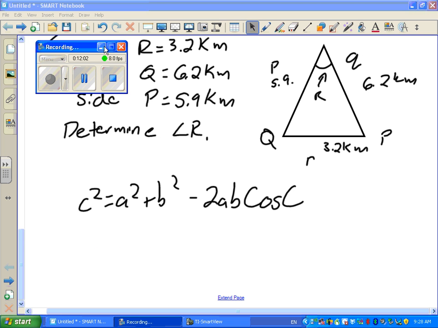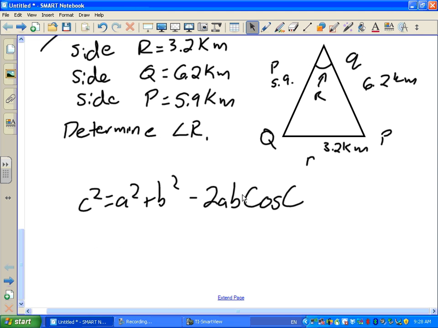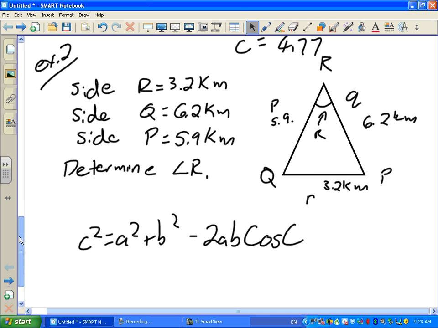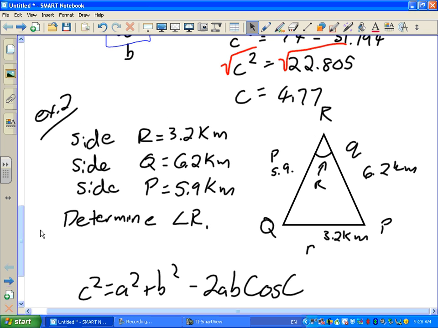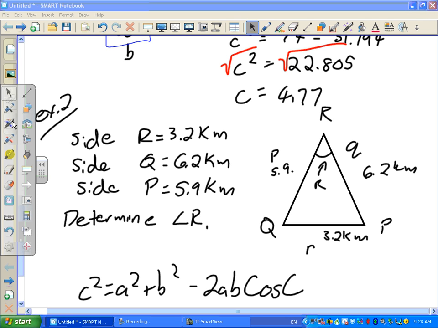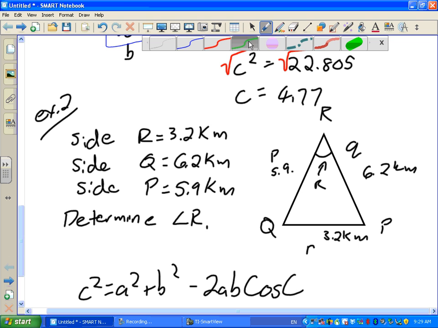Okay, so we've written cosine law down. If you guys remember cosine law, we've written it with A, B, and C. They've given us an R, Q, and P. That means I need to rename my triangle, and one of our variables has to be correct. The other ones, the A and the B, they don't really matter, but our C has to be done correctly. So C needs to be the angle we're finding.